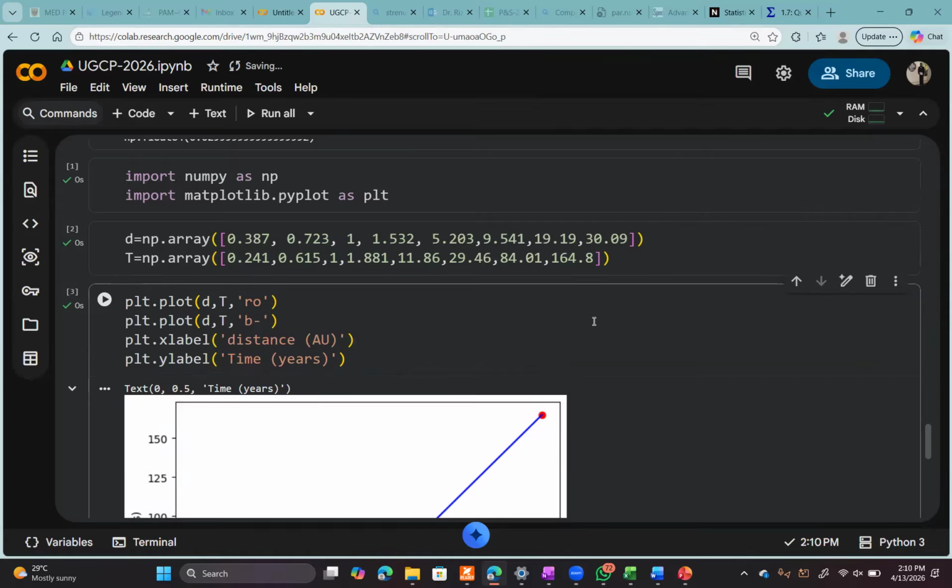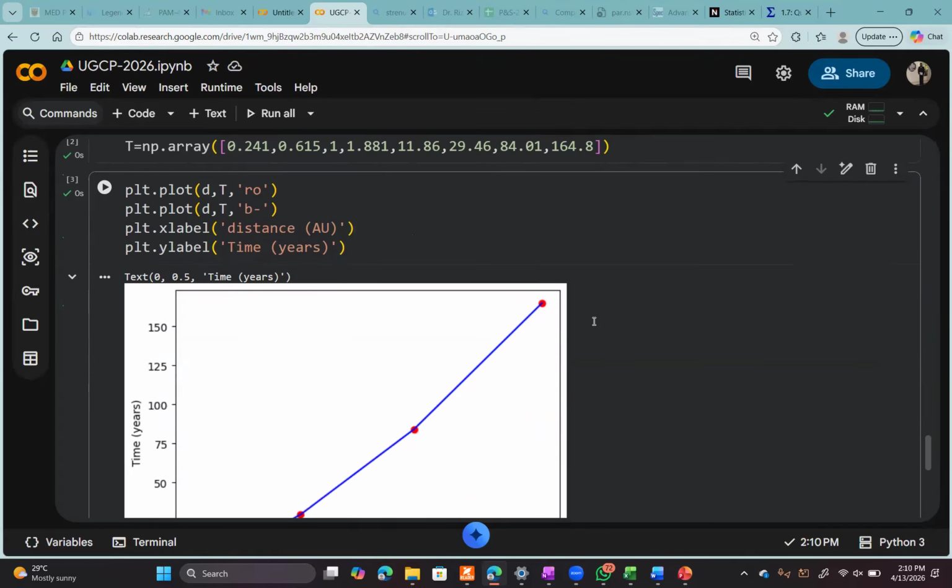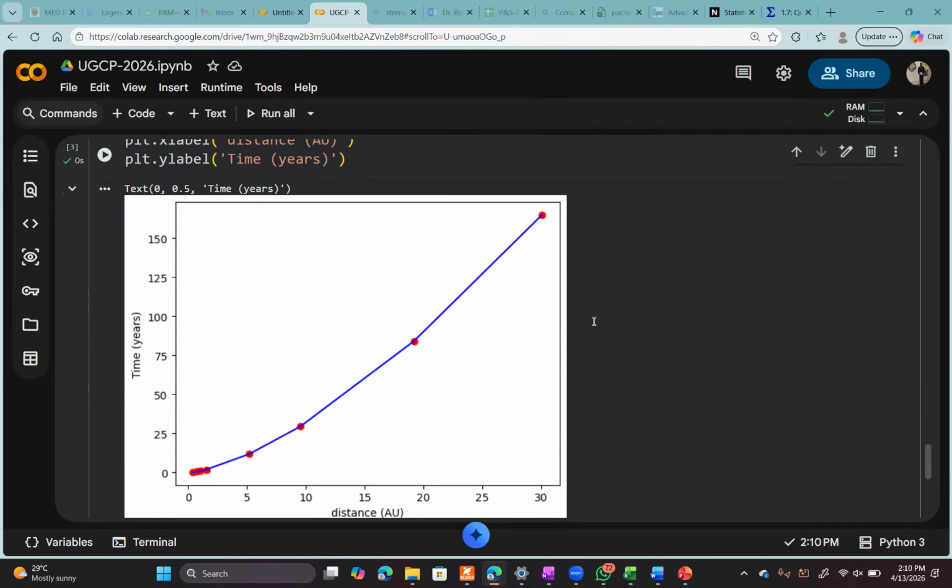So we got the curve, we got the line segments, and it seems that it differs from a straight line. So now let's attempt the power law, which is like Kepler's law.